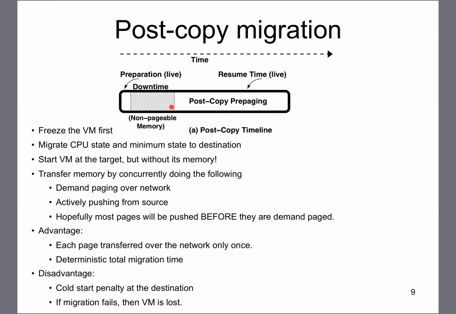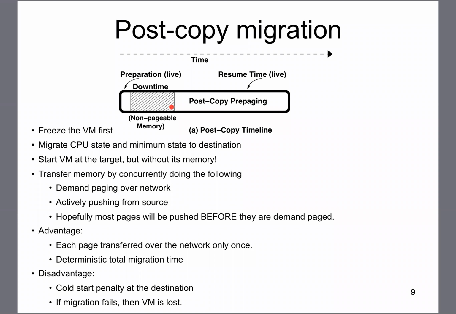So now the VM is split over two machines, and that's a problem because if one of these two machines dies, then we have lost part of the state of the VM that can't be reconstructed. So this is not as resistant to failures. It's more vulnerable to failures.